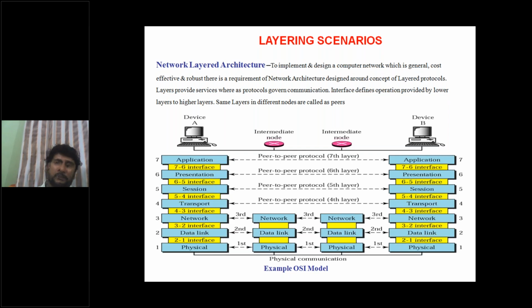Then what are the types of links we have used, point to point and multi-point? What are the different ways in which the devices are connected in the network, called topology? And after understanding this, we went on to a network of networks referred to as internet. What is the history of internet? And then we discussed standards of internet and how we finally get a recommendation for a particular standard, and last but not the least, the layering scenarios.